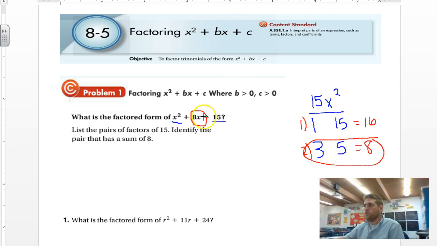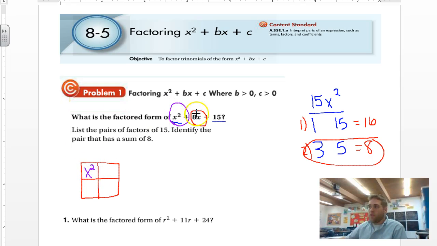Now we draw our box. Just like we did with multiplying, everything is done in our box. What's different is how we fill it out. My first term, x squared, is going to go in the first box. First term, first box.